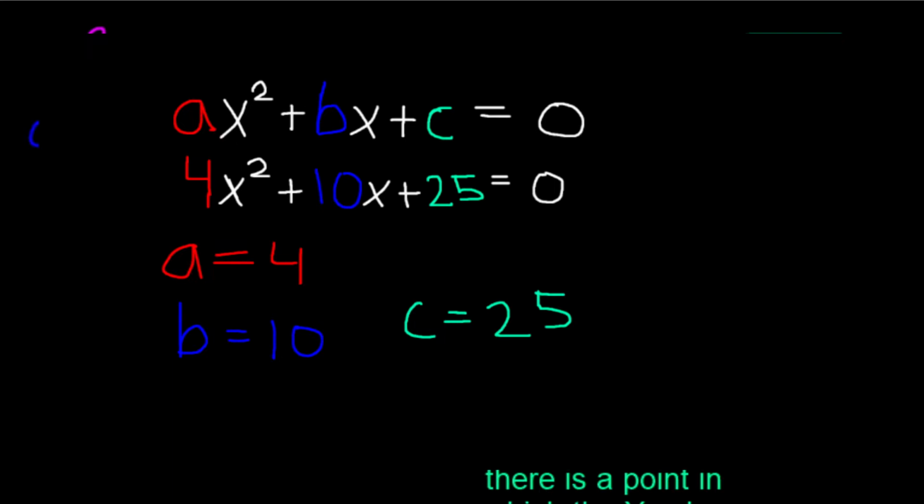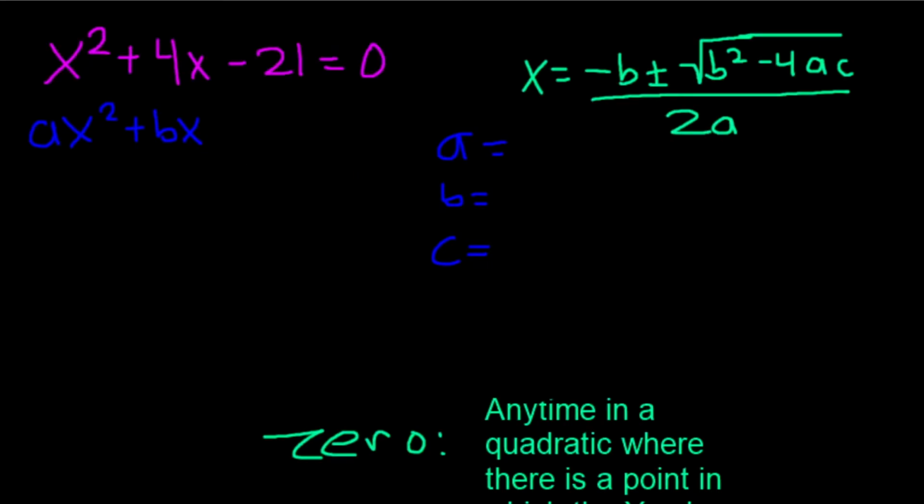From remembering the original standard form, ax squared plus bx plus c is equal to 0, you just have to know which coefficient is the a, b, or c. The a is the leading coefficient, the term ahead of x squared. x squared is just x squared, so we know that a is 1. b is 4, and c is negative 21.